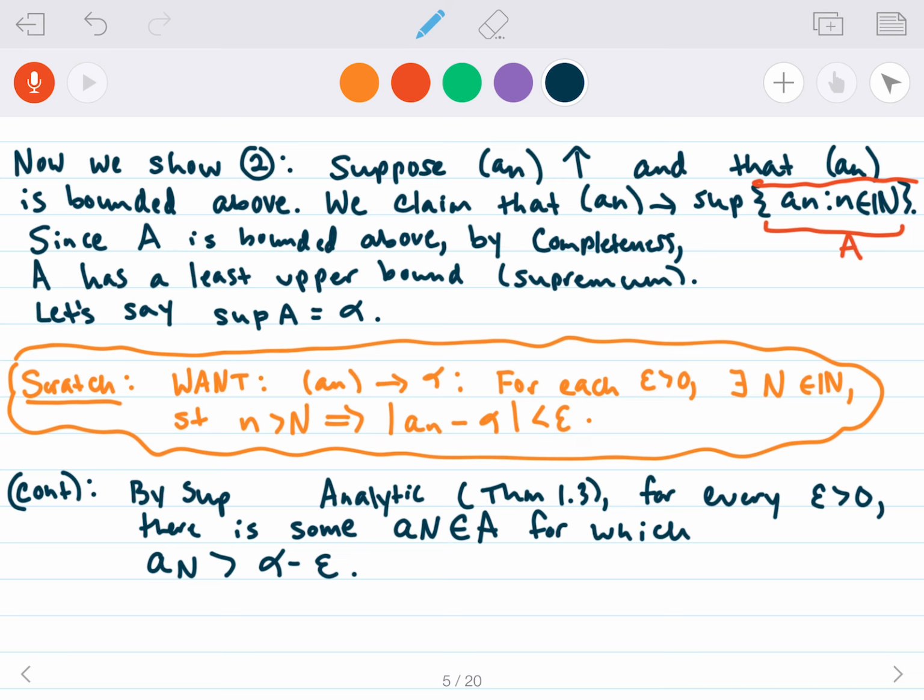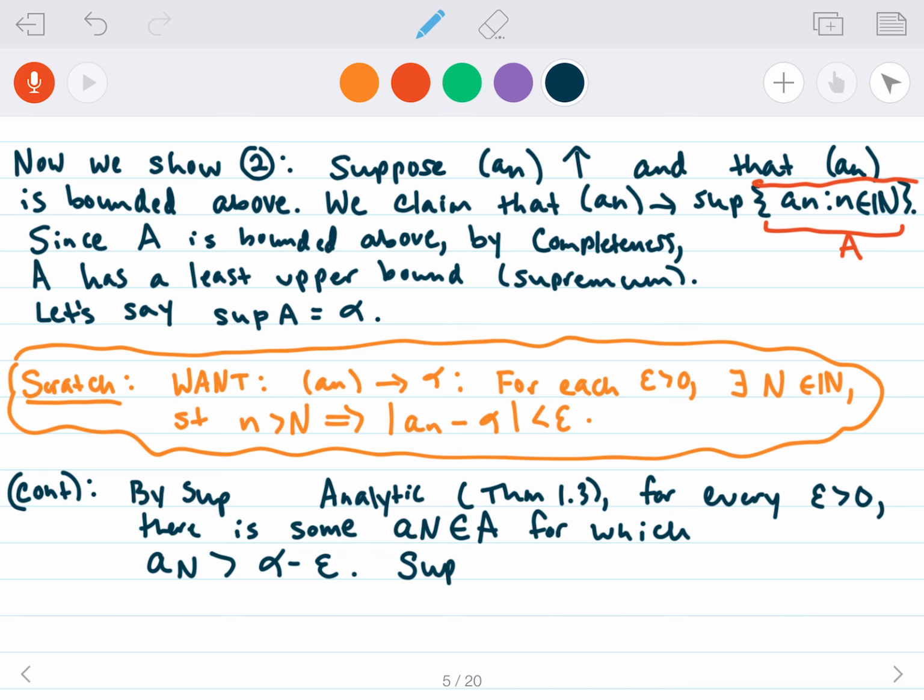All right. So in order to get this conclusion, we want to first suppose that little n is bigger than capital N. So let's do that here and see what comes out.